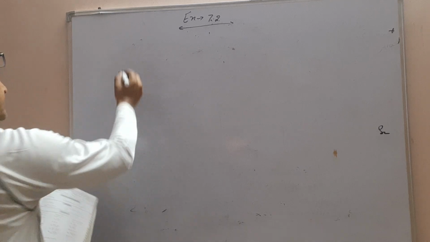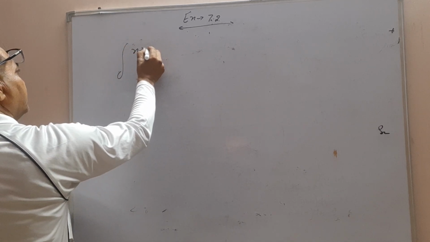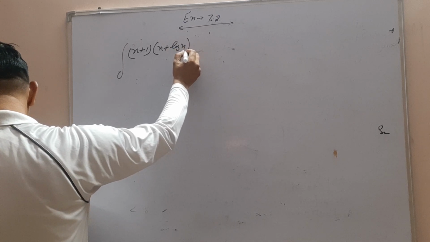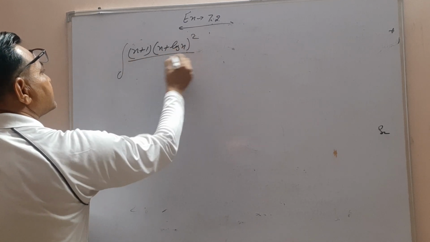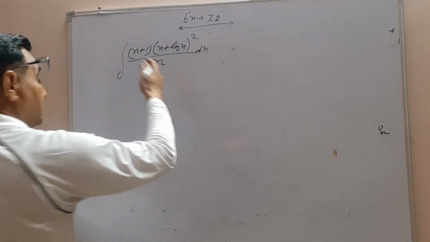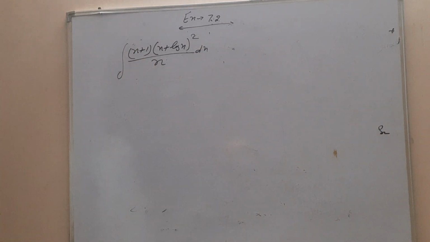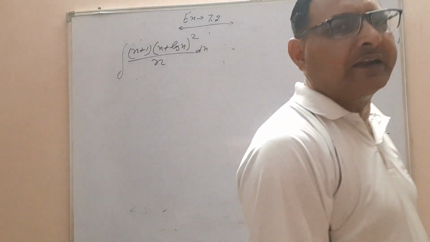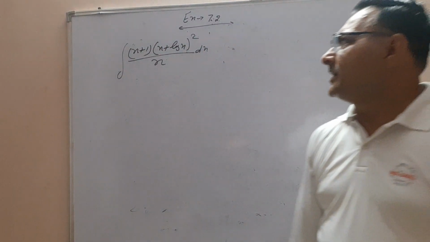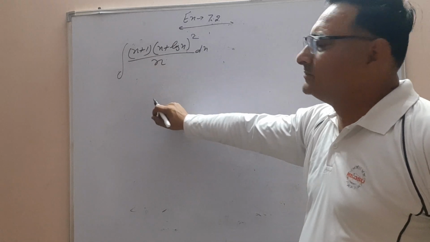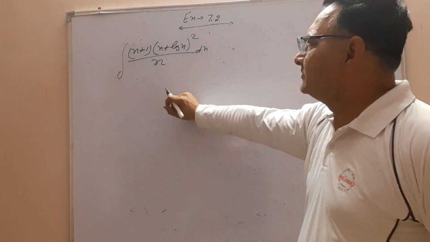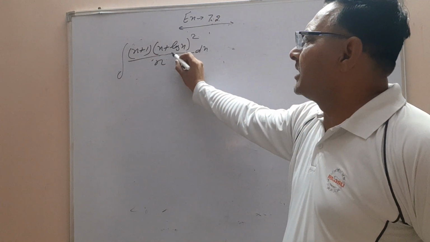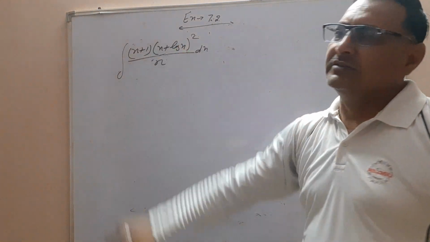The next question is the integral of (x plus 1) into (x plus log x) whole square upon x, into dx. Think about it. Which value can we put as t to get the derivative? If you put x plus 1, the derivative of x is 1, but this 1 upon x you can't get by putting any value.